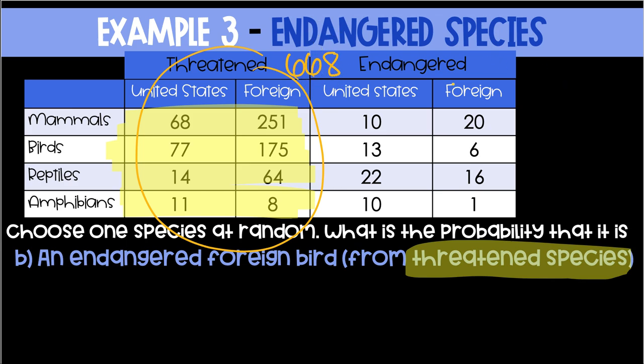An endangered foreign bird is right here. Only 6 endangered foreign birds. But notice how that 6 is not part of what I can get. I cannot get an endangered foreign bird that is threatened. Those do not happen at the same time, which means our probability for this is 0%.